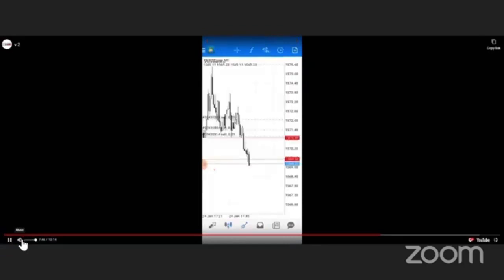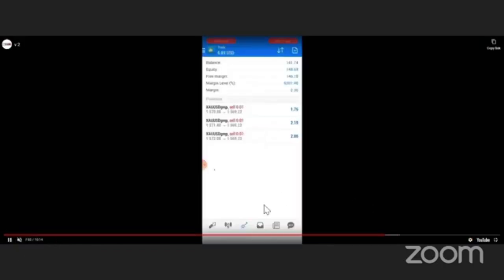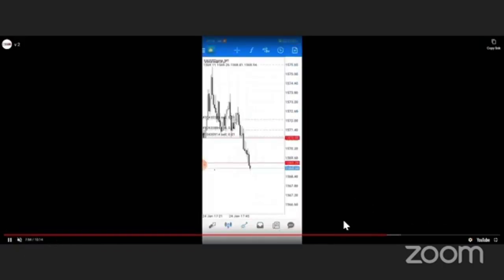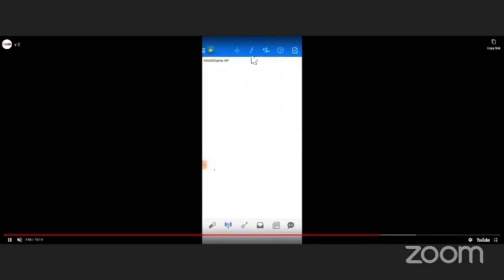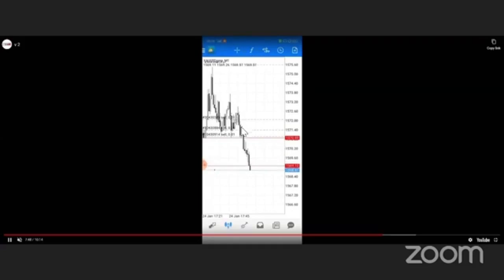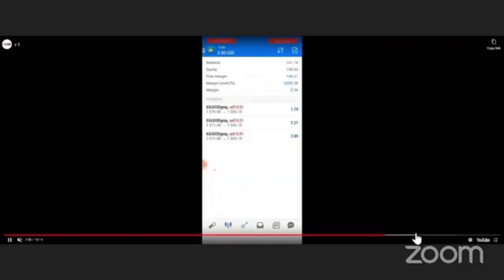So I managed to close the trade. After that, I did another trade on gold, where I went short over here. After that rally up, I went short and the price was going down.